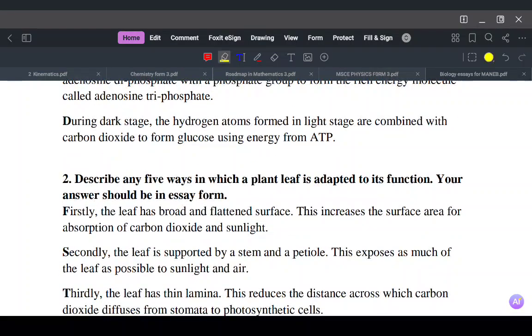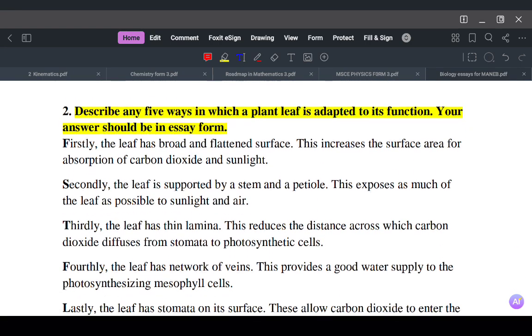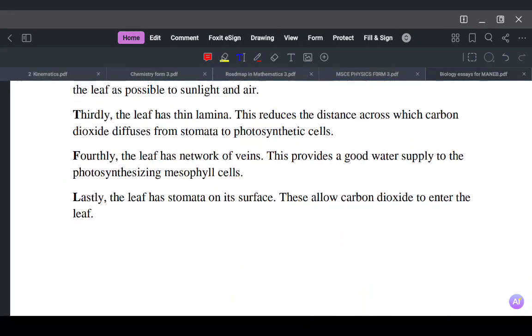Or you can be asked to describe any 5 ways in which a plant leaf is adapted to its function. Your answer should be in essay form. This document will guide you on how to present your answers in essay form.